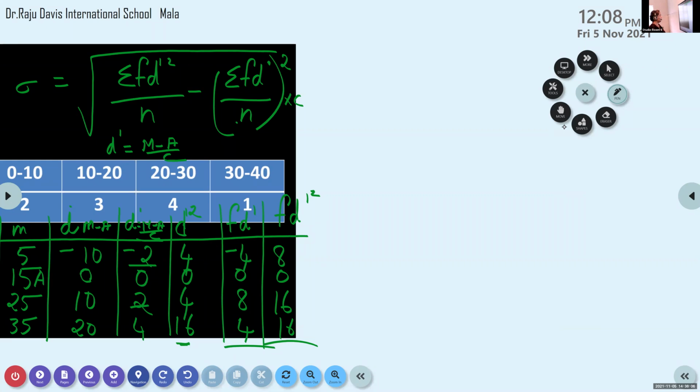Fd dash square is given. Square root of sigma fd dash square. Anybody got the answer? Total 16, 16 plus 8.